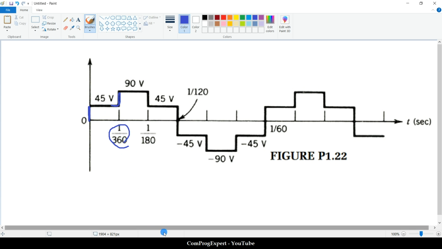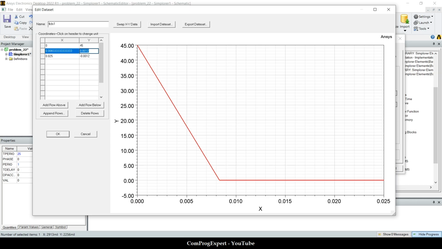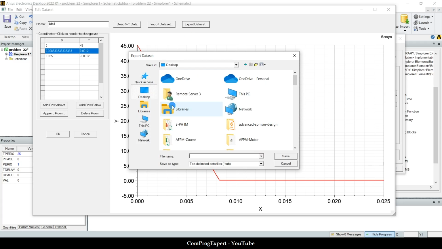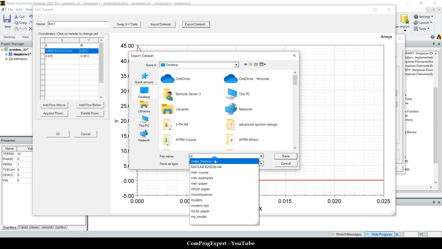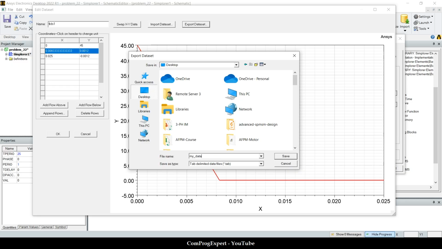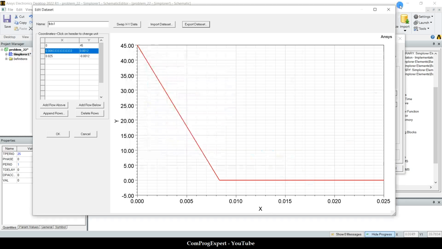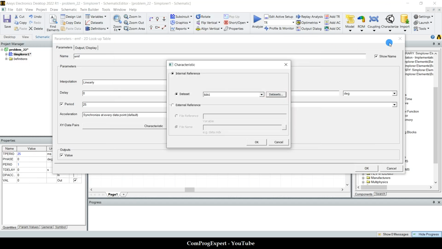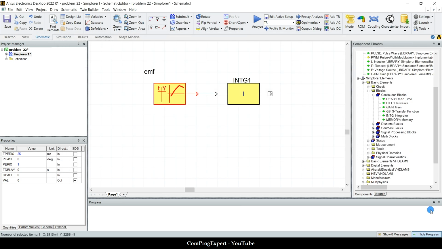So how can we model it more simply? Let me build up the data set using MATLAB and then import it here. I export this data set into the desktop, my data.